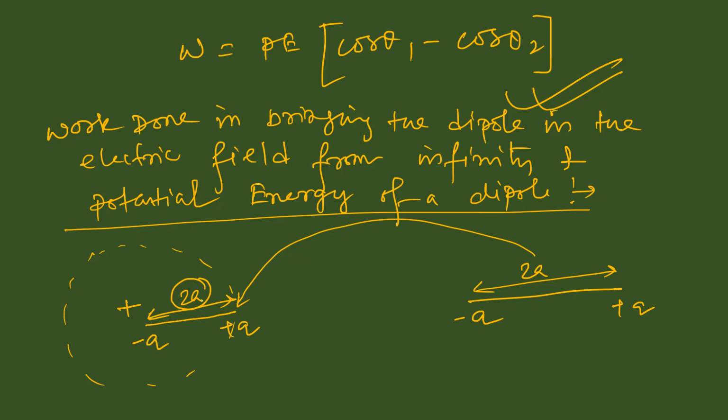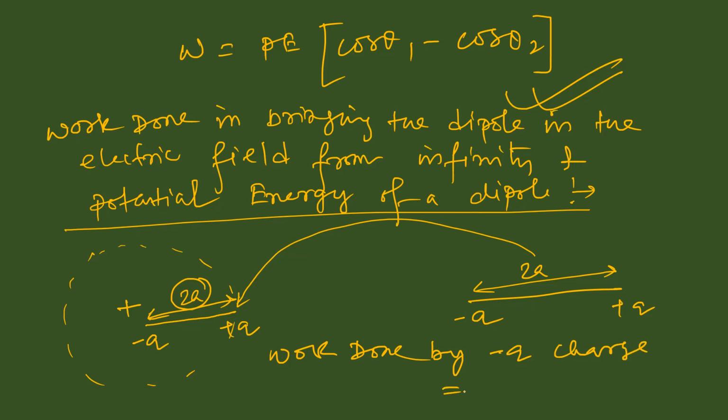extra distance of 2a. So the work done by the minus q charge, I'm just writing within the small space here, is equal to the force experienced by the charge.